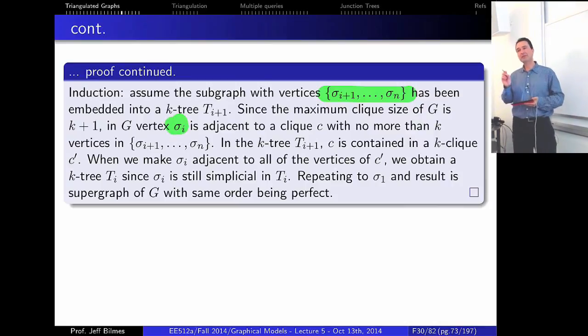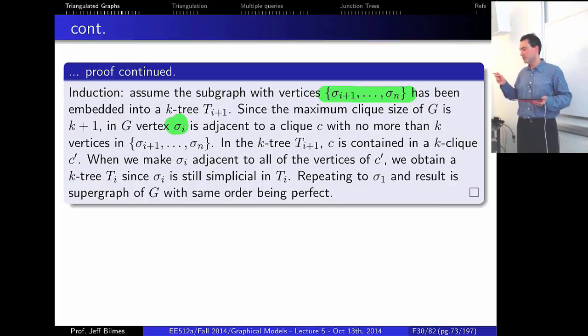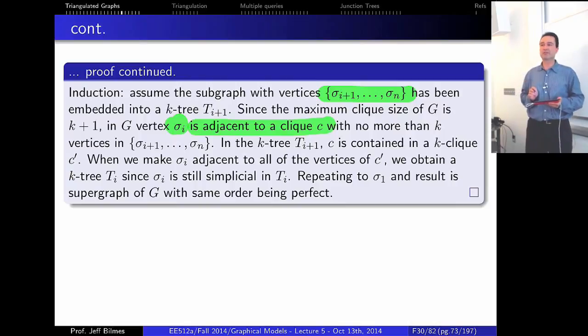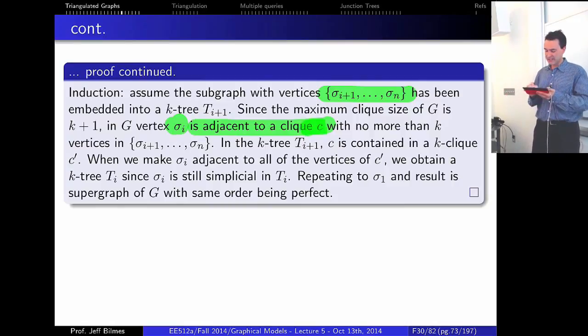At the time that we eliminate vertex sigma I, since the max clique is of size K plus 1, this vertex must be adjacent to a clique with no more than K vertices, right? Because the max clique in the original triangulated graph is of size K plus 1, sigma I can't be adjacent to more than K vertices. Let's say that C is that clique.